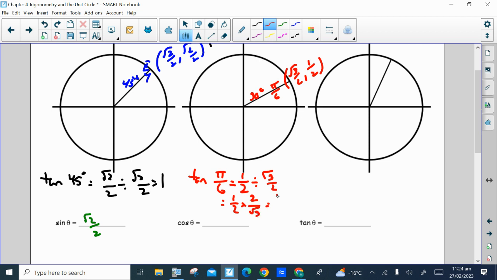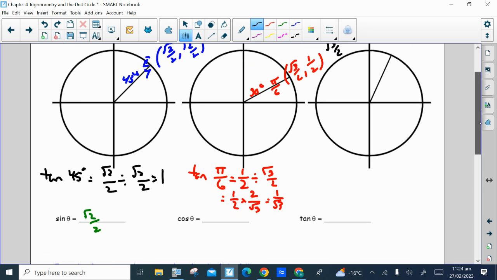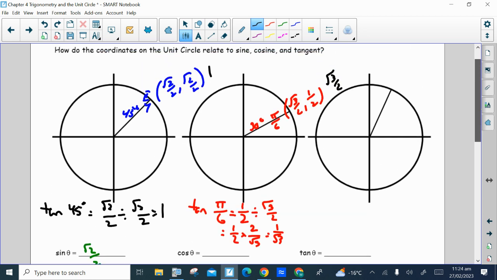The 2's cancel, and you'll get 1 over root 3, which is root 3 over 3 if you rationalize it. I said root 3 over 3, but that's not what I wrote. It comes from the 1 over root 3.